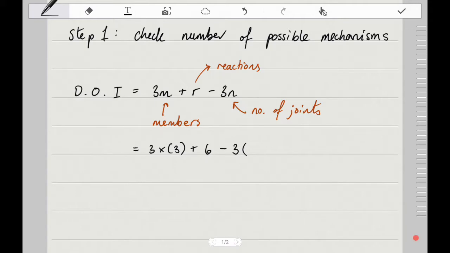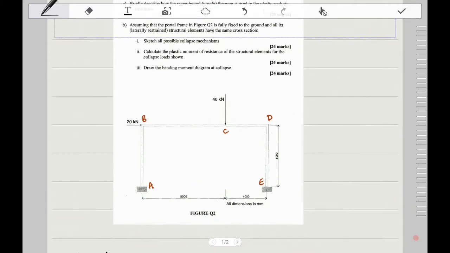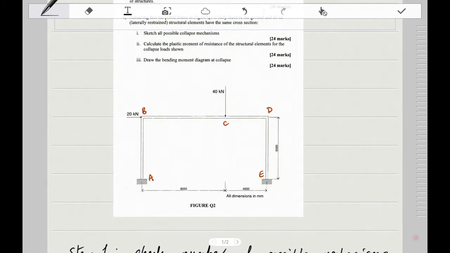When we say joints, let's not confuse it with hinges. Joints are basically what connect members, so at either end of members. In this scenario, we're going to have 1 joint here, 1 joint here, 1 joint here, and 1 joint here. Now that's not a hinge. A hinge is a completely separate concept.